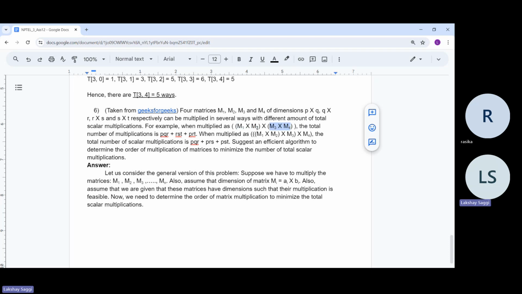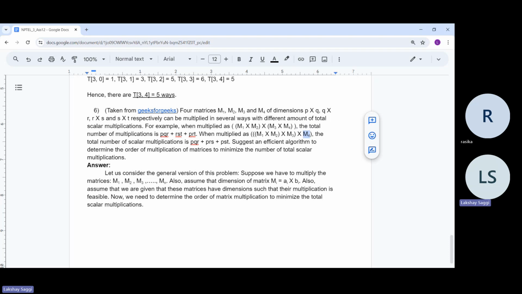And then we multiply these two matrices together. So in the last step, we are just multiplying two matrices. Here also, we first multiply M1 with M2, then we multiply this product with M3. In the end, the product which we are left with gets multiplied with M4. So always in the end, we are multiplying two matrices.